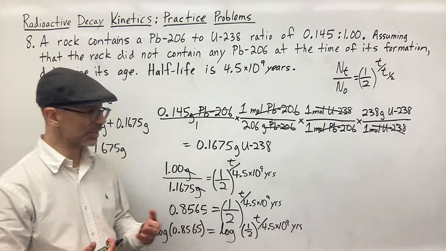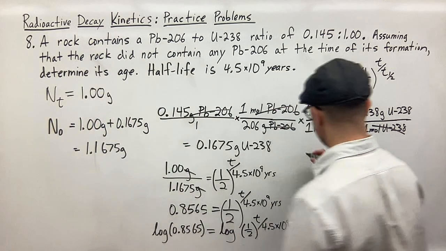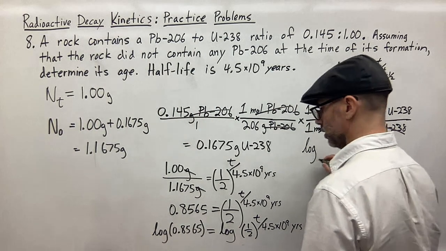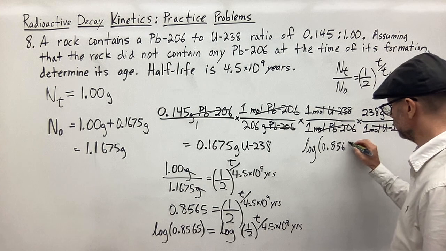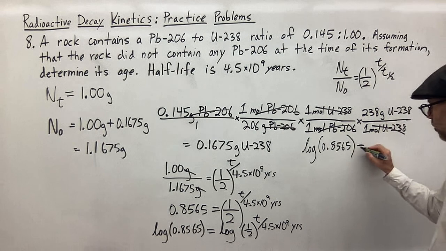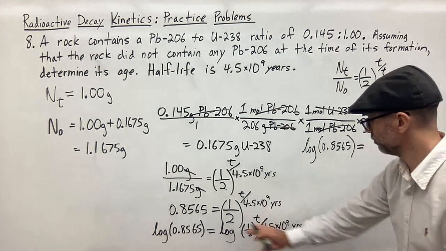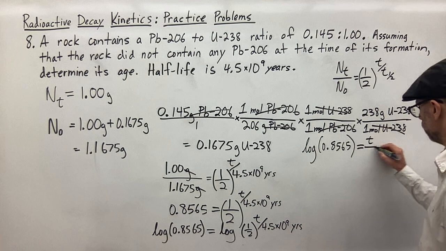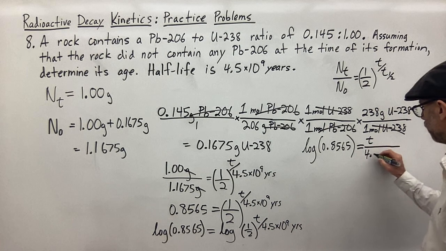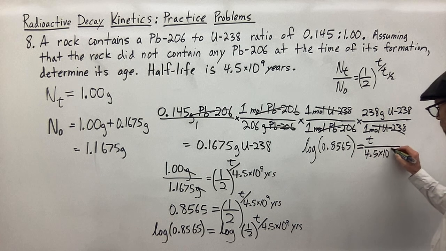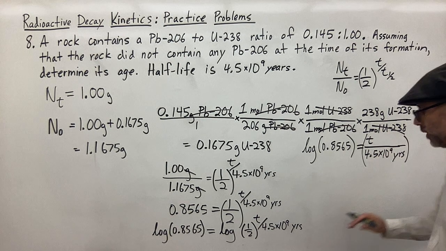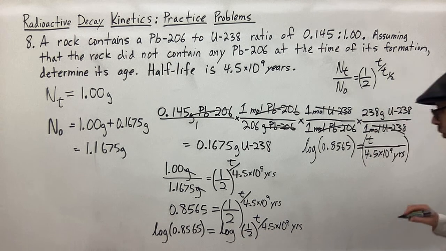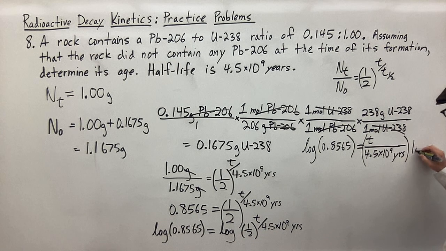The law of logs allows me to do that. So the log of 0.8565 is now equal to t over 4.5 times 10 to the 9 years, multiplied by the log of 1/2.